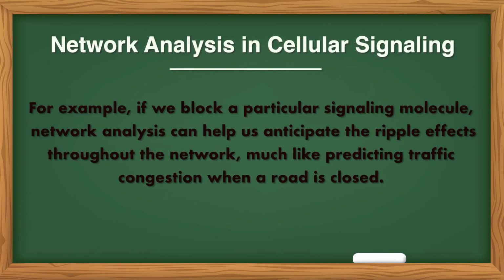For example, if we want to block a particular signaling molecule, network analysis can help us to anticipate the ripple effect through these networks. Much like predicting the traffic congestion when a road is closed.